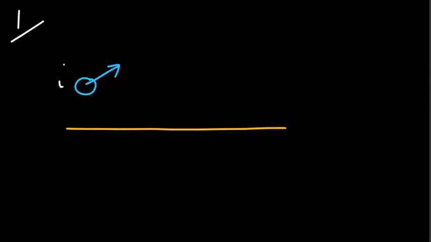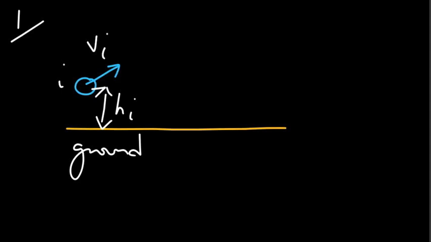Example 1. Let's assume you have an object that is thrown upward from some point, which we call the initial point. This point is at some height, let's call it HI, from the ground. So this is the ground. The speed of that object at that point is VI.